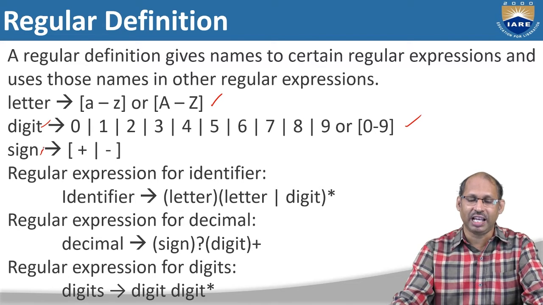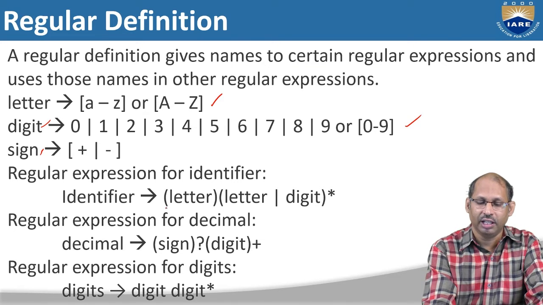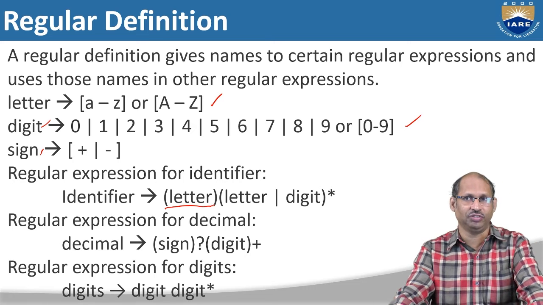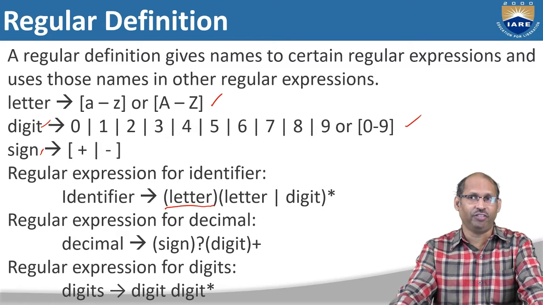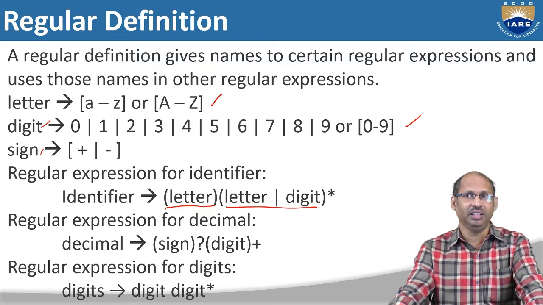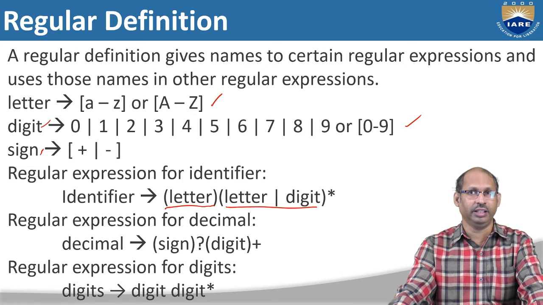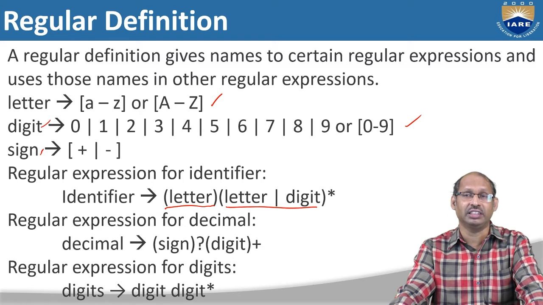The first one is letter, which might be a capital letter or small letter, A to Z. Then the letter is followed by letter or digit any number of times, so it will be represented as letter or digit star. So this is a regular expression to represent identifiers in programming languages.